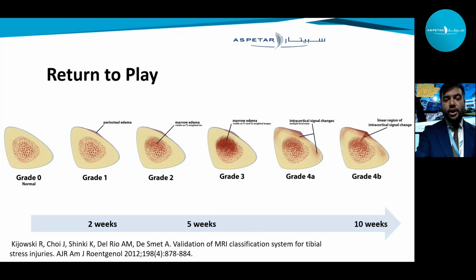The other grades, 2, 3 and 4A, have about 5 weeks of return to play. This type of classification will help in the future to do better studies that will probably be more accurate, even describing the tension side and the compression side, and be a little more descriptive. But just to let you know, this grading can help to assess a potential return to play.